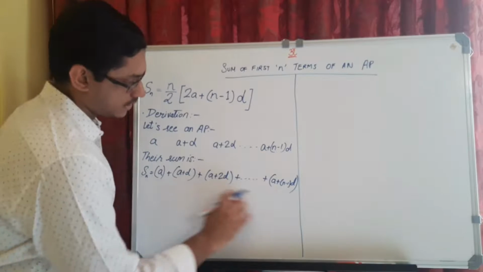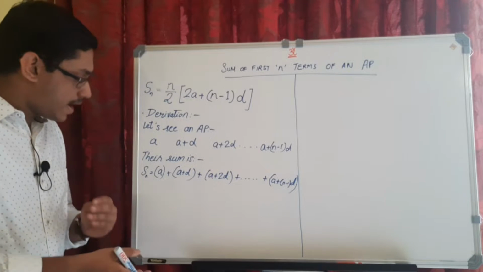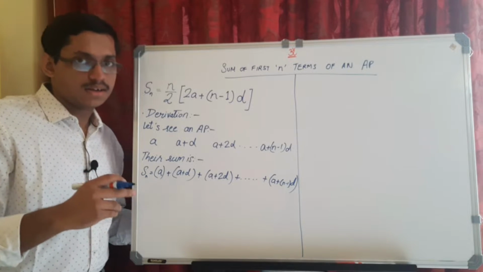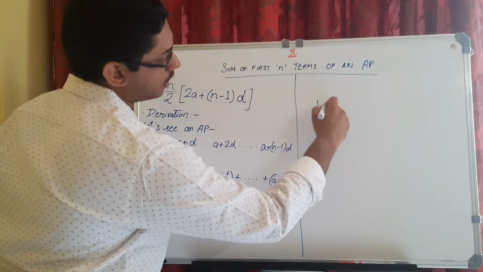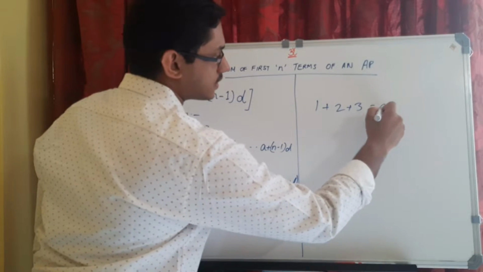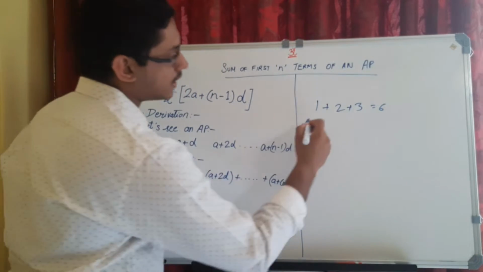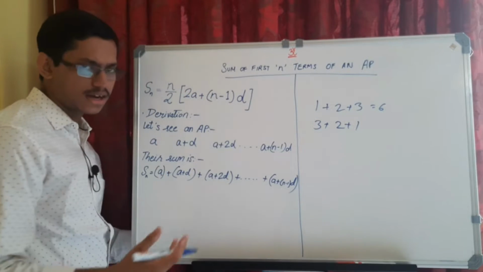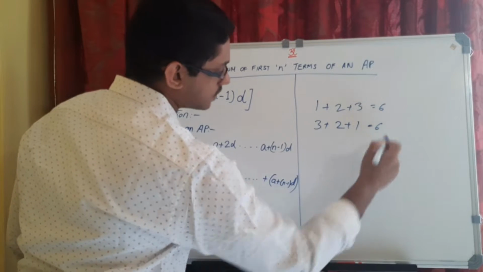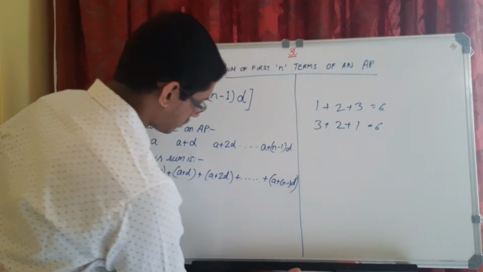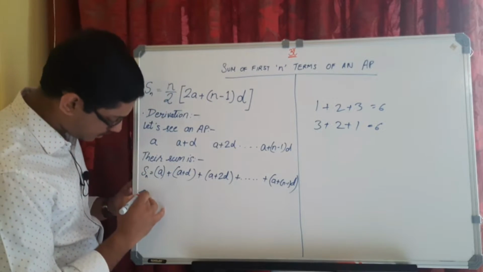Alright, this is how it goes. Now see, whenever we add, suppose I add 1 plus 2 plus 3, what is the answer? It is 6. Now I can add like this also, 3 plus 2 plus 1, which is also 6. Understood?